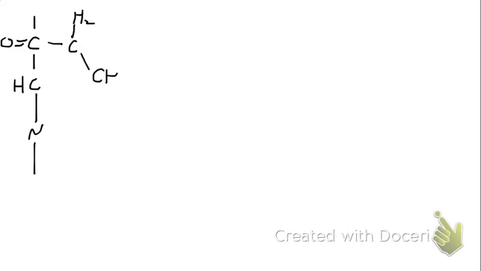So, in our protein, we have a proline residue. This type of modification that occurs on the proline is known as a post-translational modification.